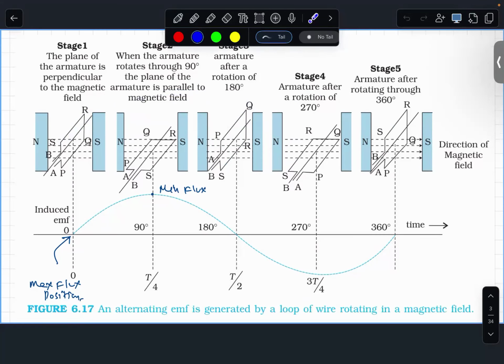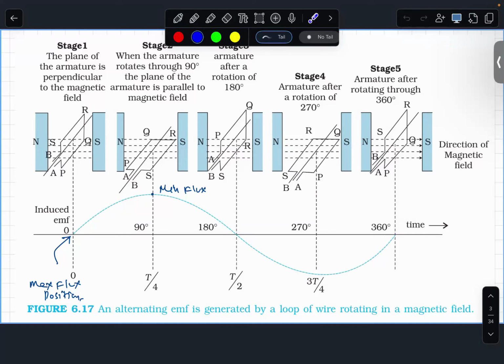Therefore, for one full turn, one cycle of EMF is noticed. In fact, this is repeated every turn. Every 360 degrees of rotation will result in a cycle like this.